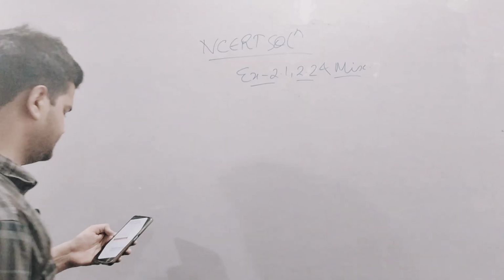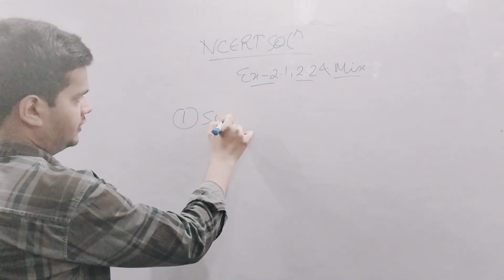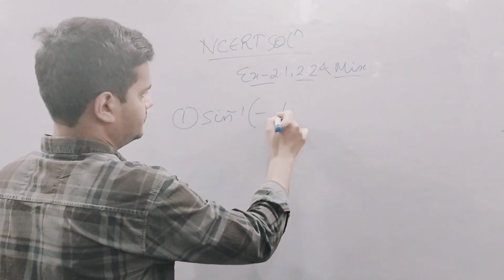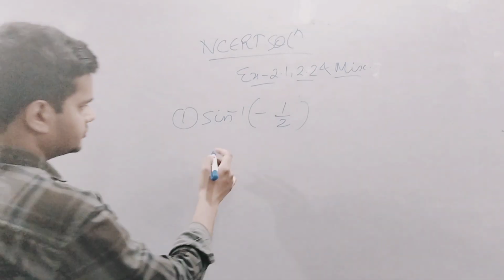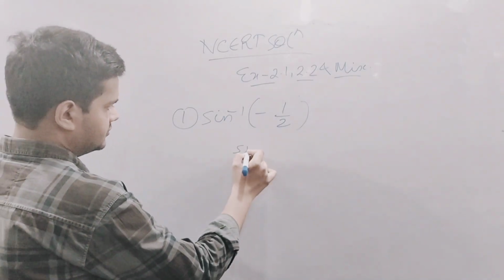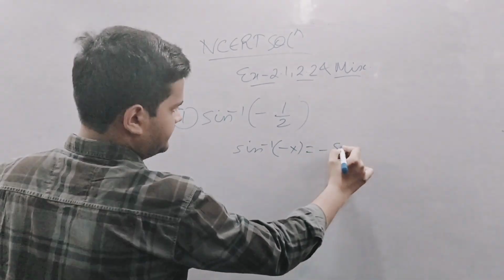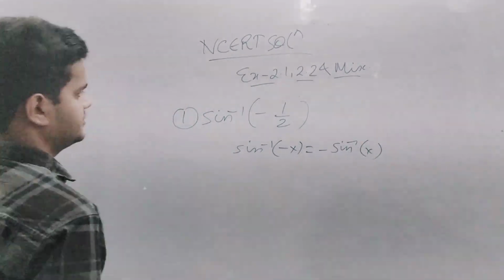So the first question is: find the principal value of sin inverse minus half. So we know that sin inverse minus x is equal to minus sin inverse x.